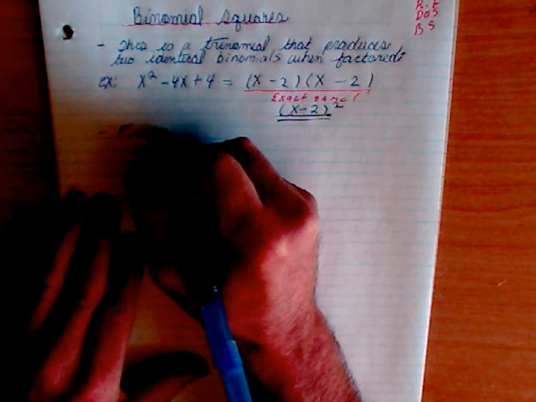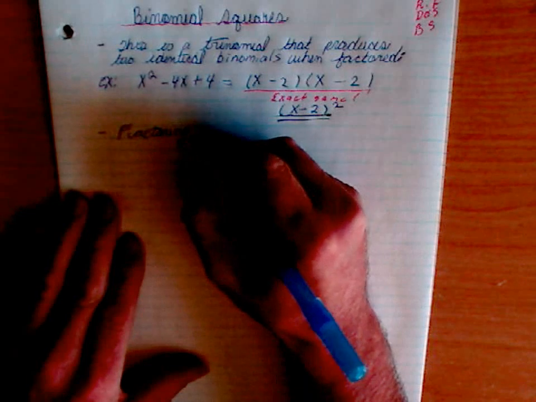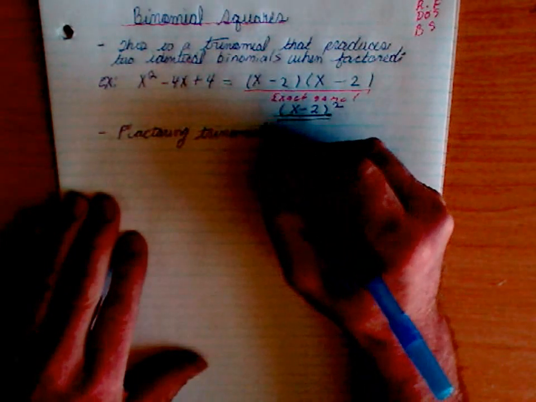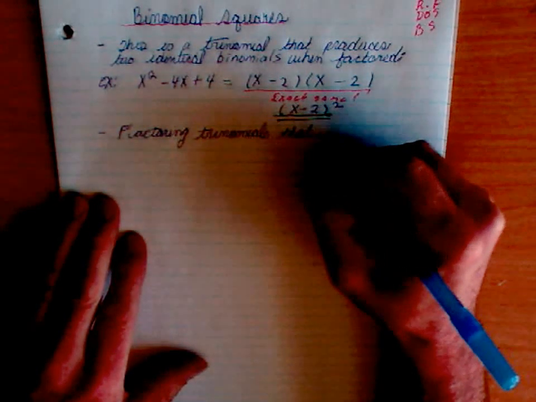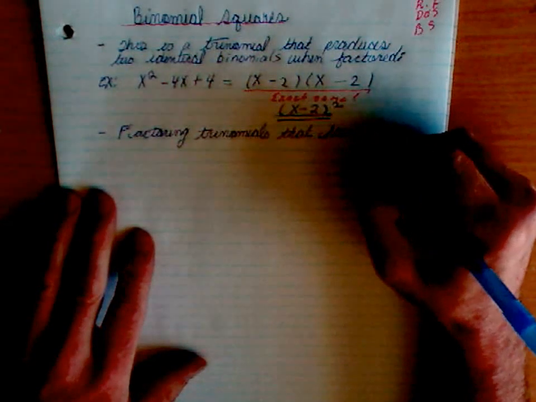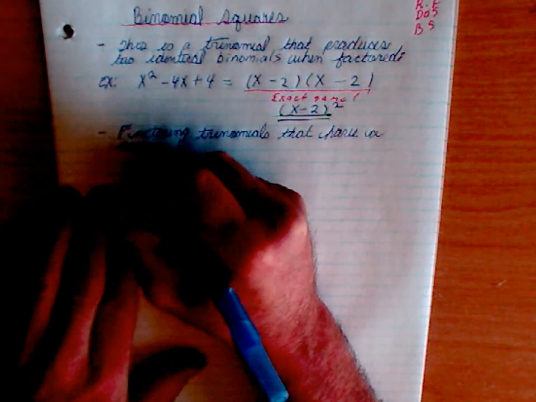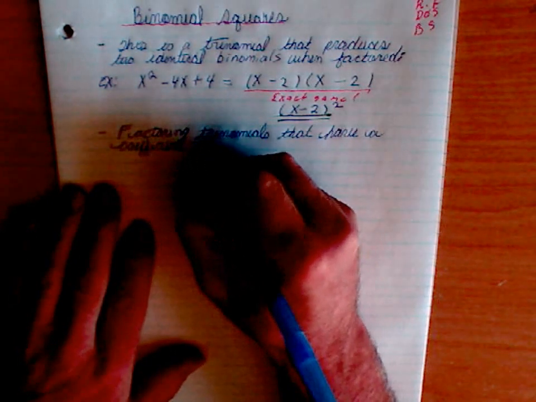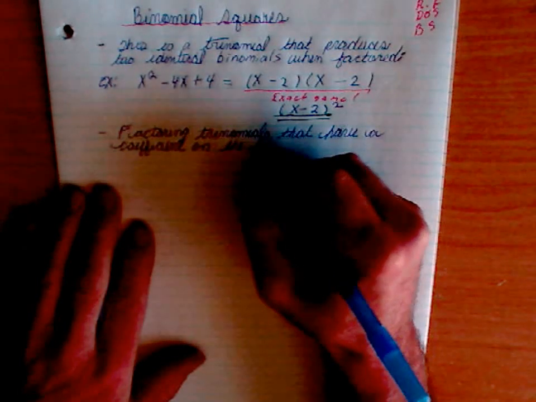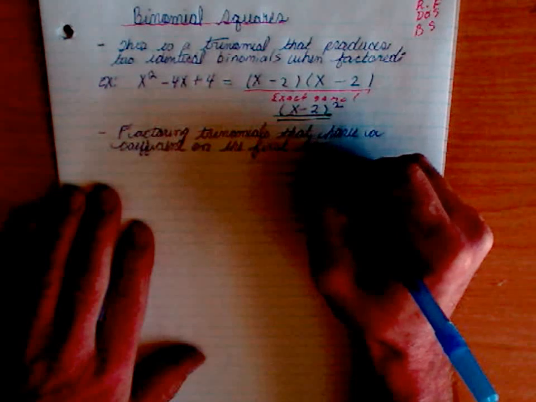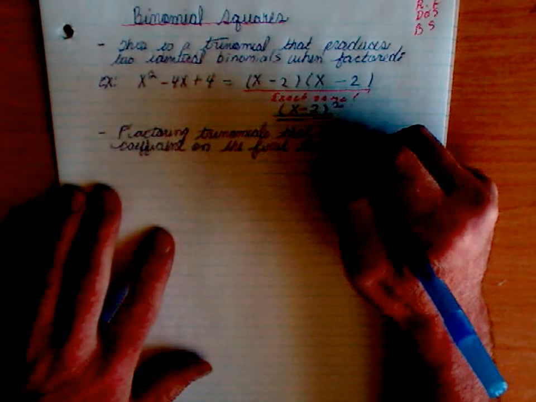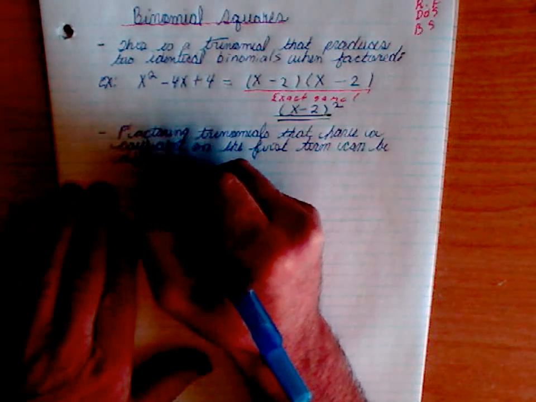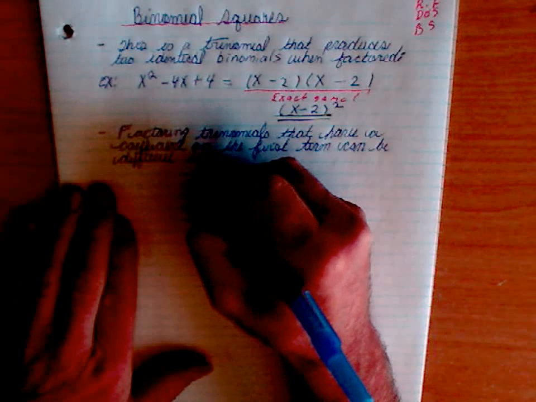Factoring trinomials that have a coefficient, remember, that's a number in front of a variable, that have a coefficient on the first term, can be difficult to factor.